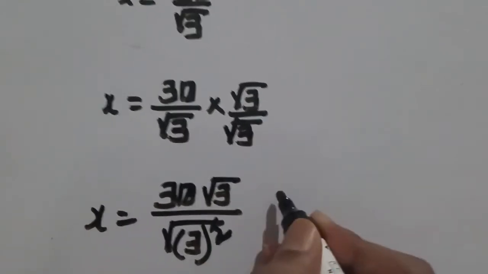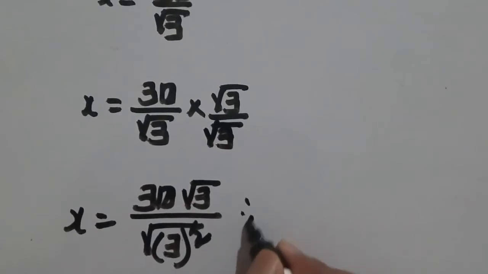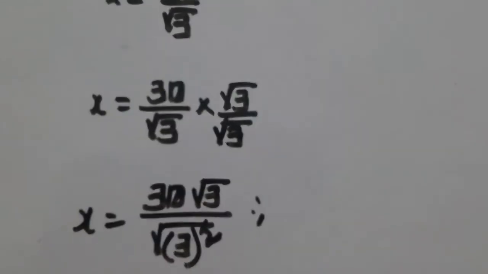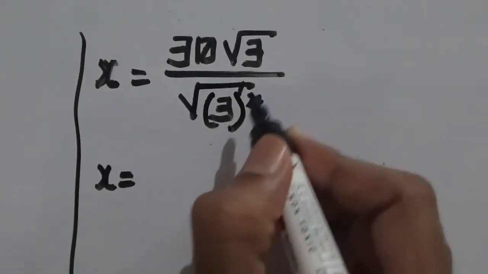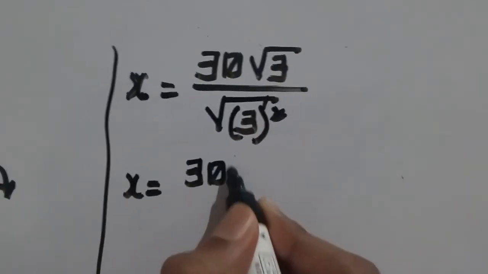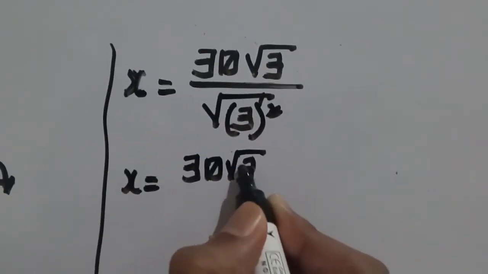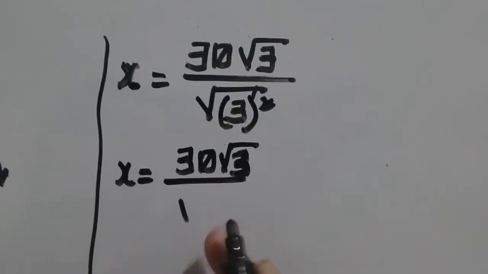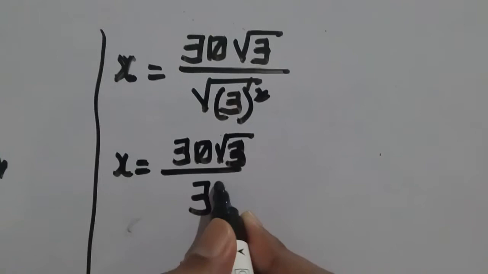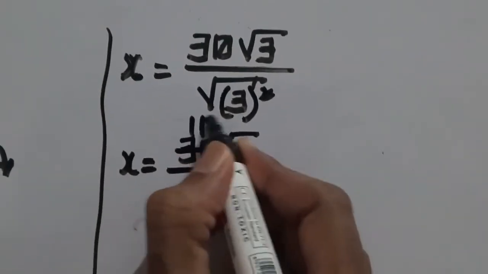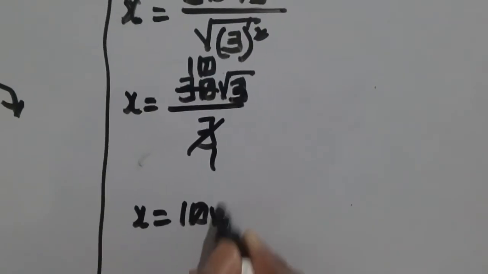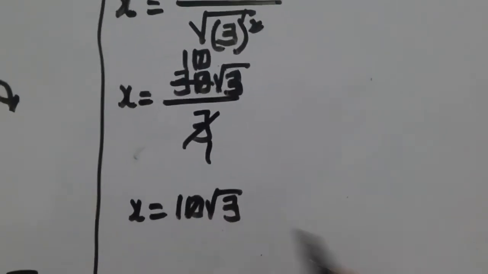The square root and the square get cancelled, therefore 30 into root 3 by 3. Now cancelling by the 3 table, 3 ones are 3, 3 tens are 30, therefore X is equal to 10 into root 3.